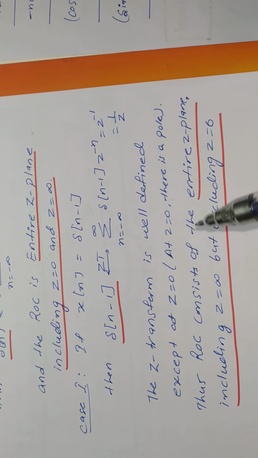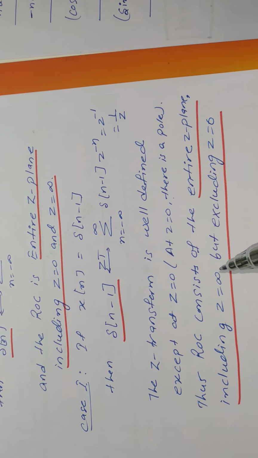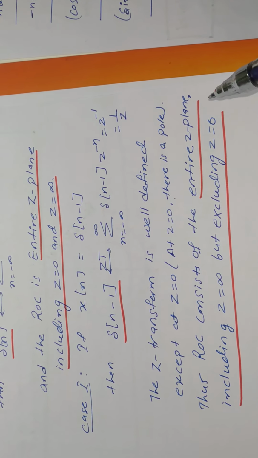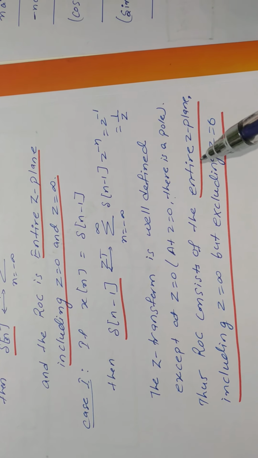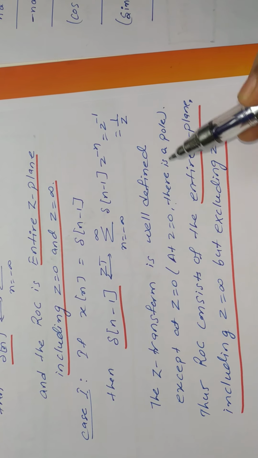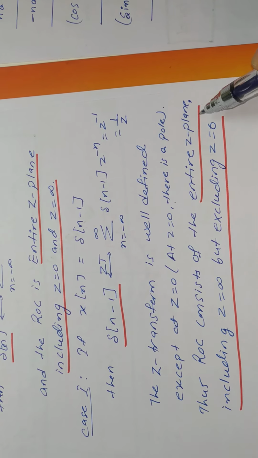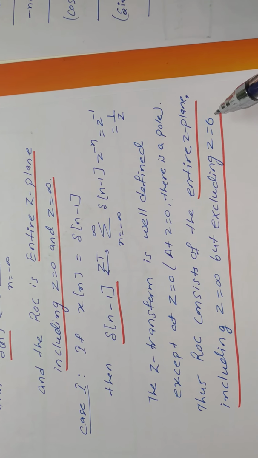Hence, the ROC consists of the entire z plane including z equals infinity but excluding z equals 0. So this is how we define our ROC, where the ROC will lie.